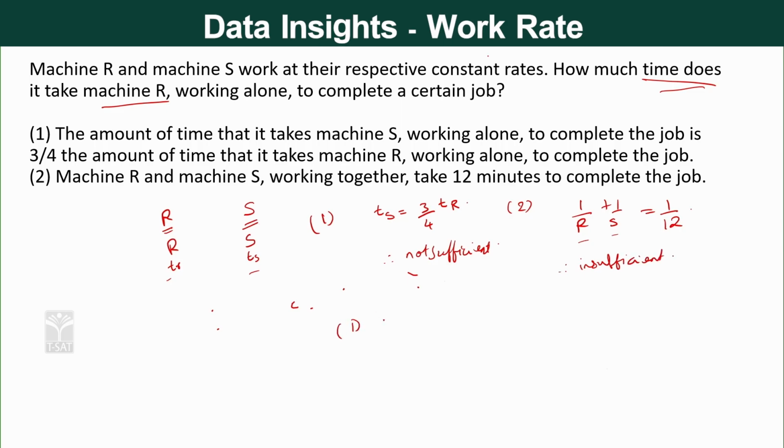Combining statement 1 and statement 2. When T_S is equal to 3/4 T_R, the rate and the time are inversely proportional.